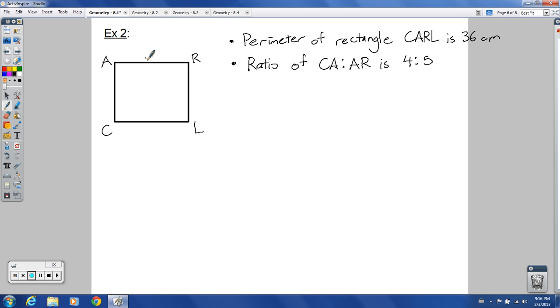So maybe this is 8 and this is 10. If you simplify 8 over 10, you get 4/5. Maybe this is 12 and this is 15. You simplify that, you get 4/5. So we're going to find out what it actually is based on this and based on the ratio. So what we're going to try to do here is find the length and width of the rectangle.